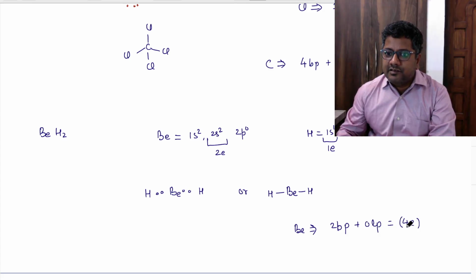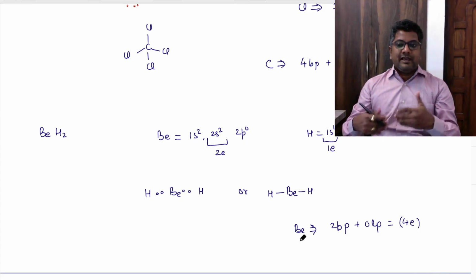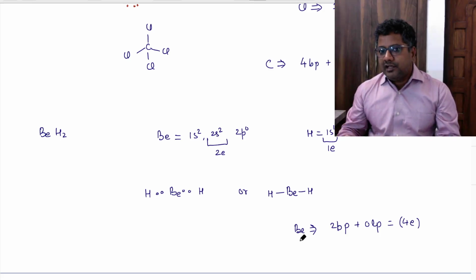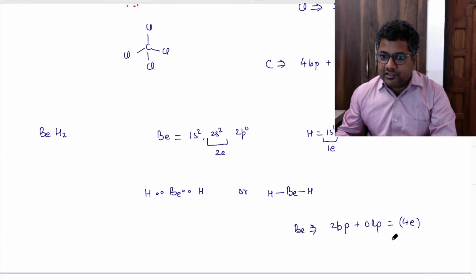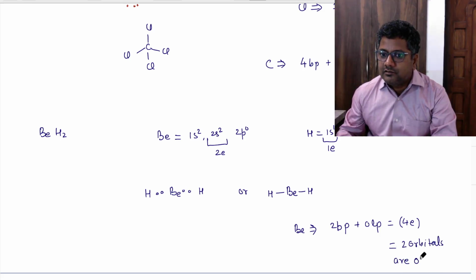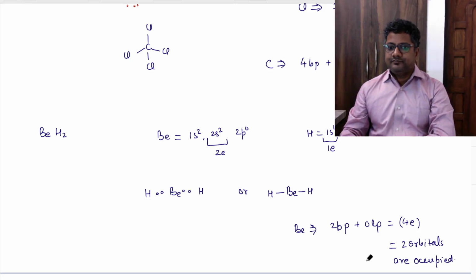So beryllium can hold maximum 8 electrons, but here only 4 electrons are there, means only 2 orbitals are occupied, right?